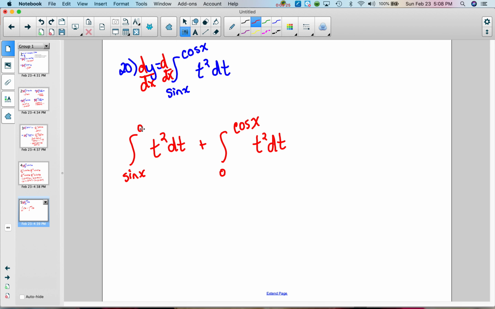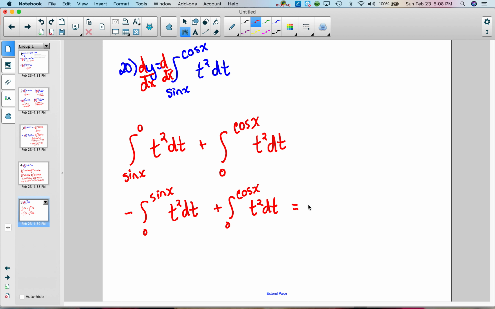Again, you don't have to use 0, it's just convenient. So I'm going to switch this, so my constant's at the bottom. And here I can leave it alone. And now I can plug that in, but remember, you're going to have to use the chain rule.